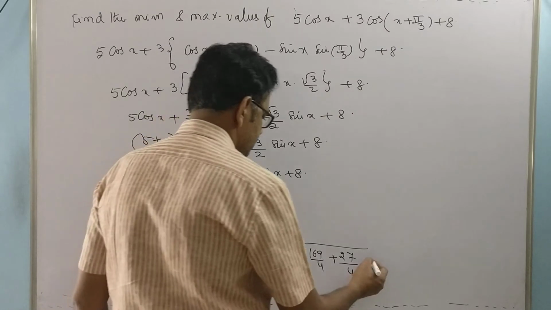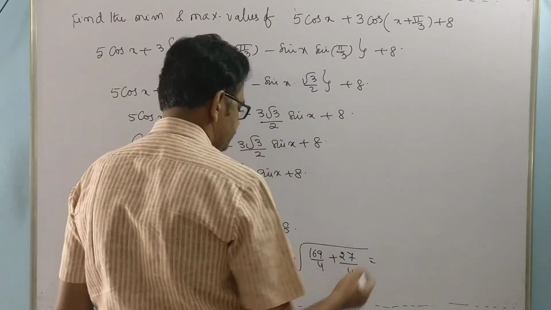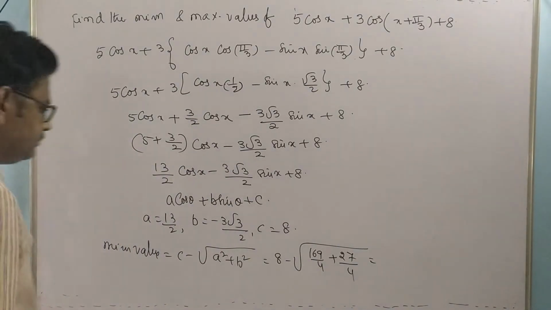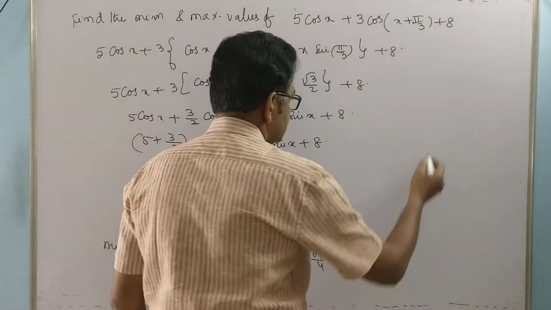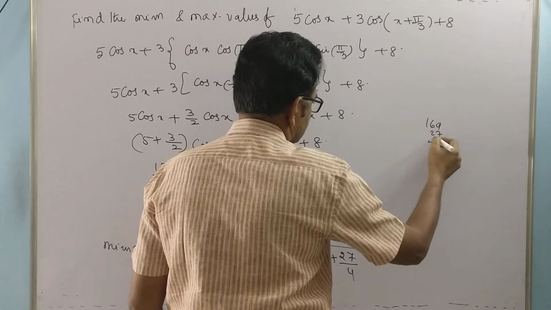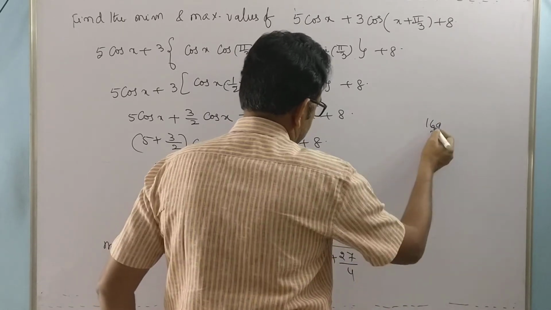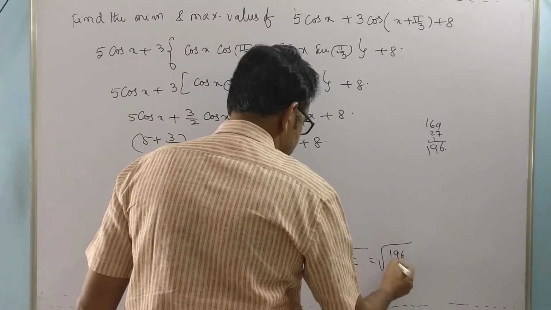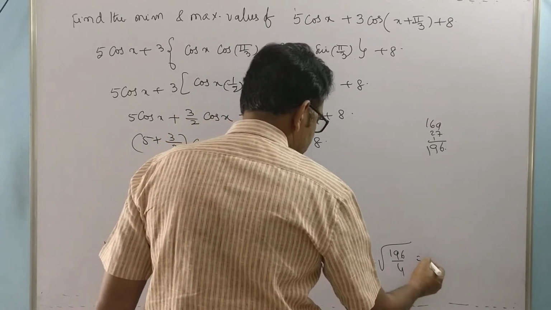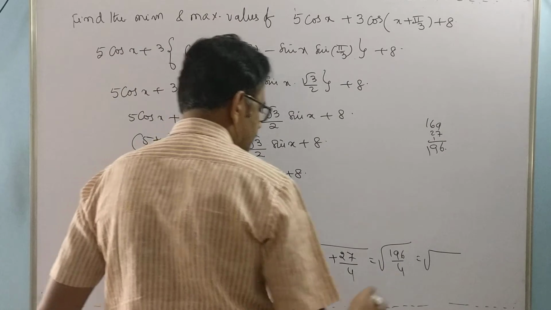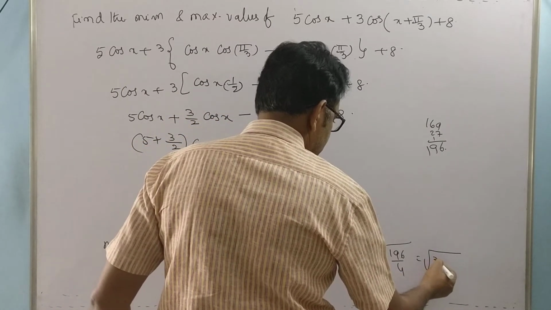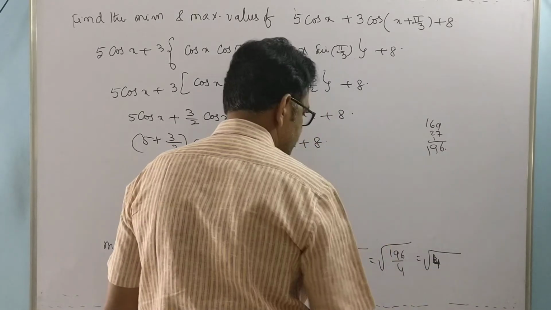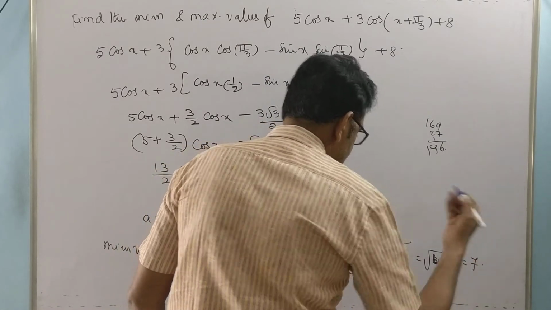So 169 plus 27 is 196 by 4. So this is root of 196 by 4, which is root of 49, that is equal to 7.